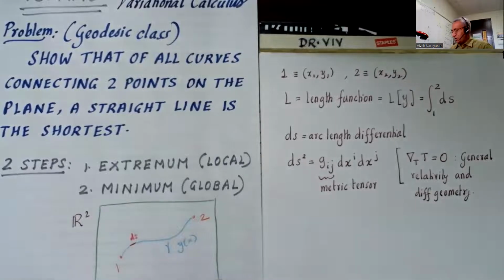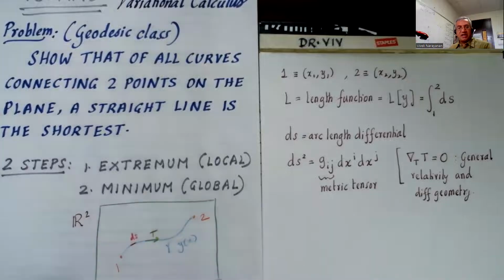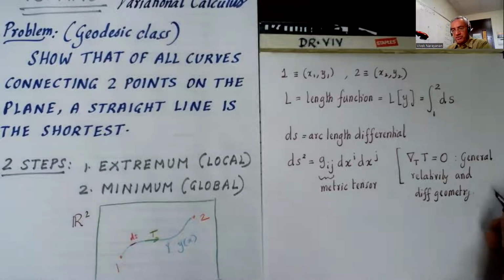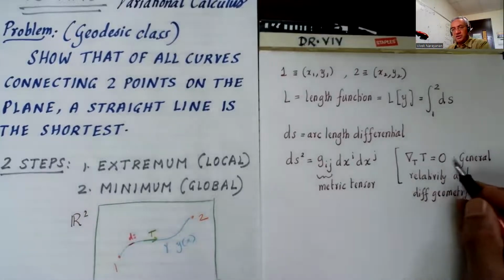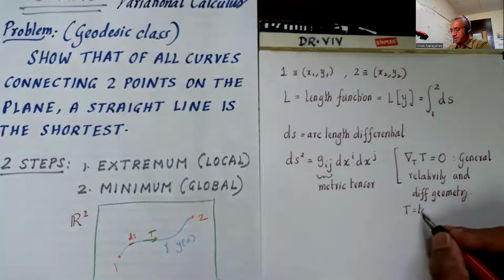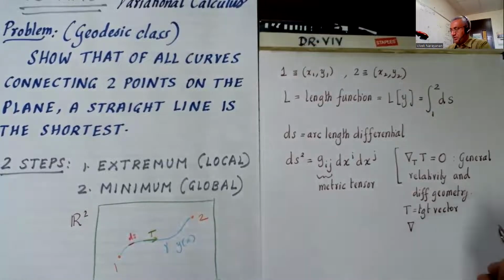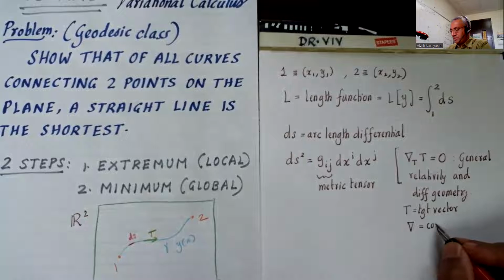What is that quantity t? T stands for the tangent vector at any given point of the curve. So if you're interested, please read up on this geodesic equation on your own. So t is the tangent vector, and this del symbol is known as the covariant derivative.